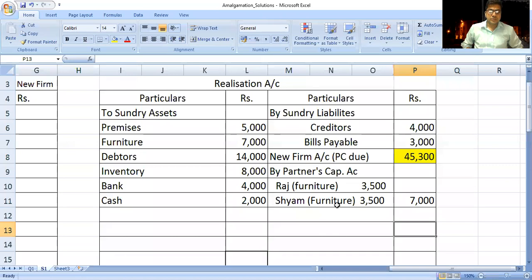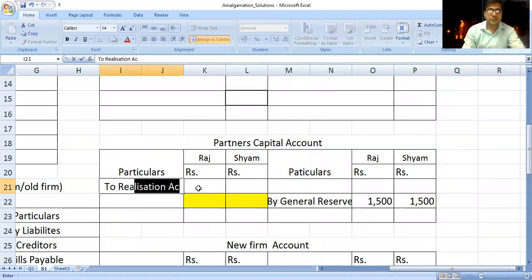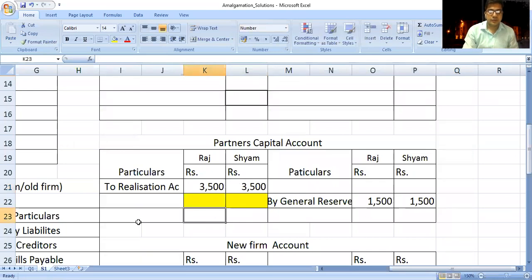Now, this effect posting we have to show in partners capital account, debit side. Here we have to write to realization 3,500 and 3,500. Okay, fine.